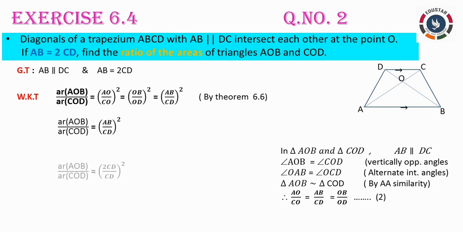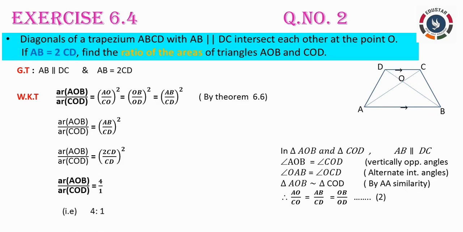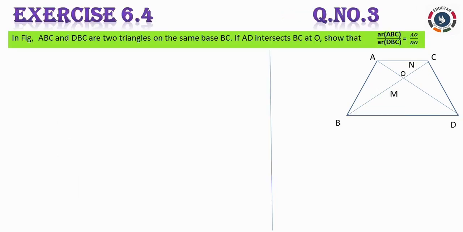Substitute the value in the equation, and CD and CD will get cancelled. We will get 2 square divided by 1, which is 4:1. So what is the ratio of those two triangles? AOB is 4 parts when you compare with DOC, so DOC is 1 part and triangle AOB is 4 parts. So 4:1. Can you understand?